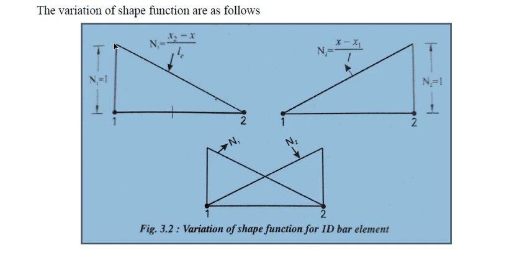It decreases from 1 to 0 with respect to this expression. As we move towards the right side, x increases, and when x becomes x2, N1 becomes 0 here. So it is linearly decreasing. That is why we consider it a linear element.